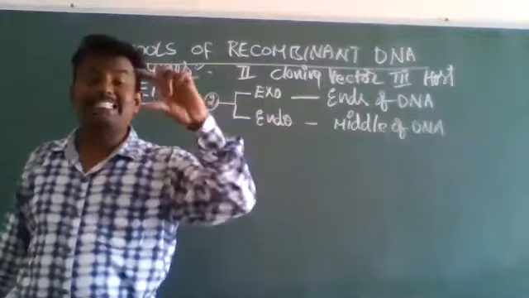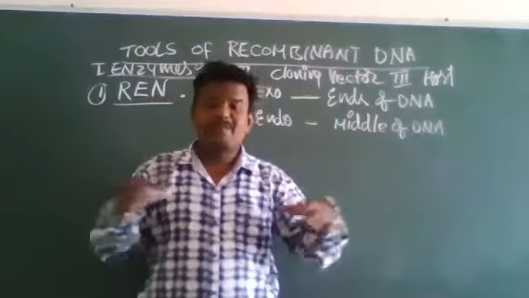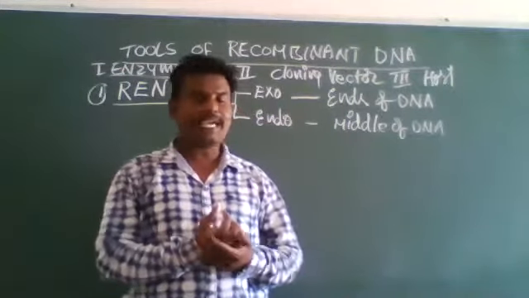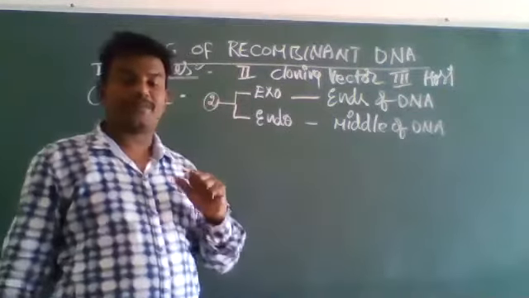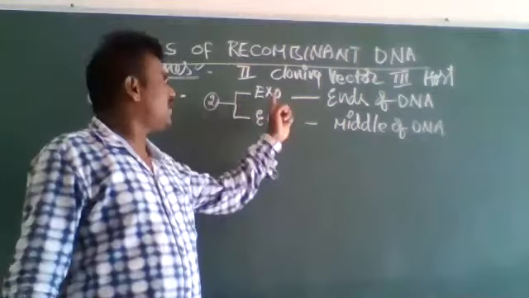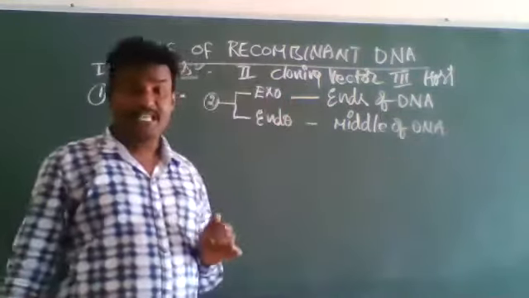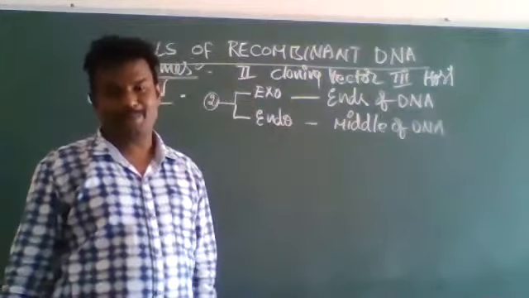Keep in mind, only at specific locations can you cut the DNA. If they introduce exonuclease, it will cut the end region of the DNA; if they introduce endonuclease, it will cut the middle of the DNA.